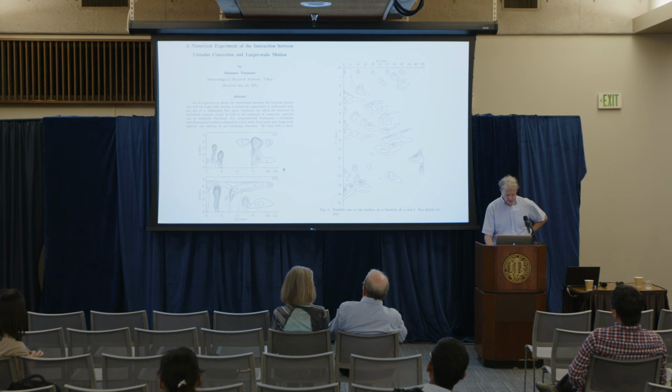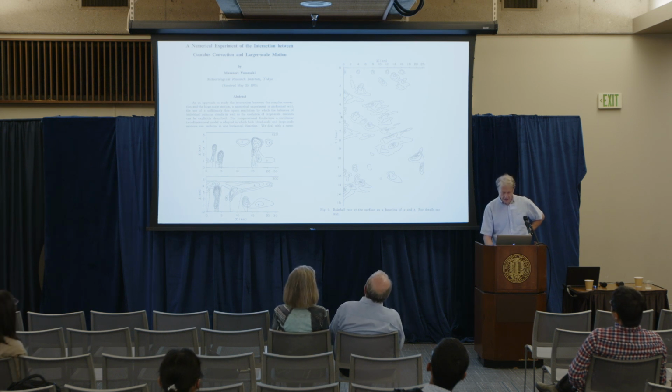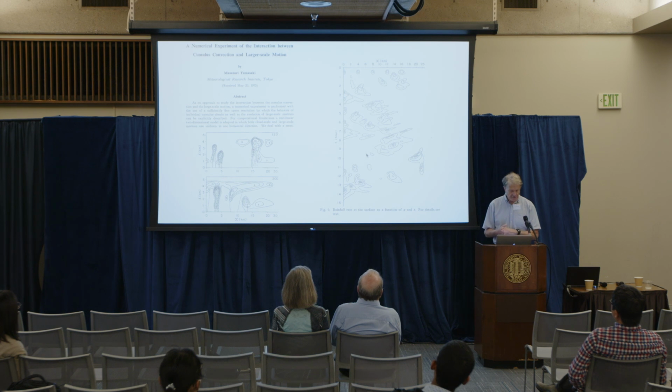It's two-dimensional, but it was run for many hours. And this is a Hovmöller diagram here, looking at the precipitation as a function of the x-coordinate and time. So you can see many generations of clouds. And this is just exactly what we are after, to get the whole life cycle of many clouds.